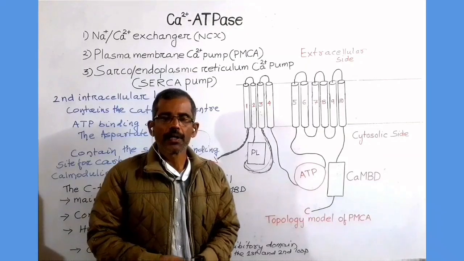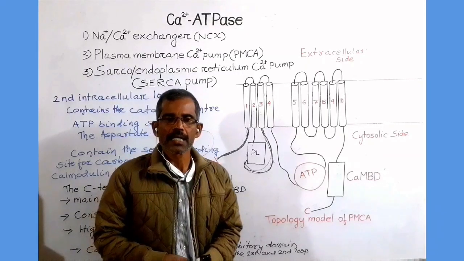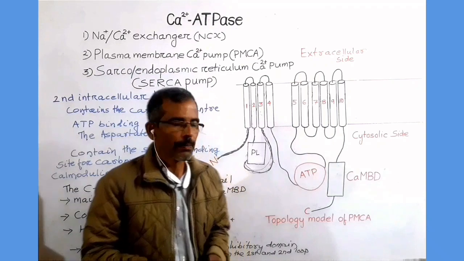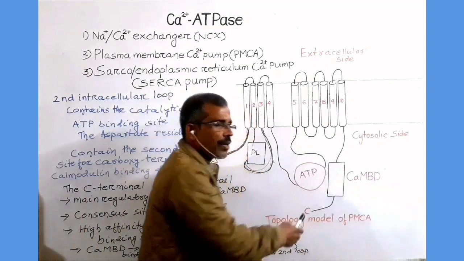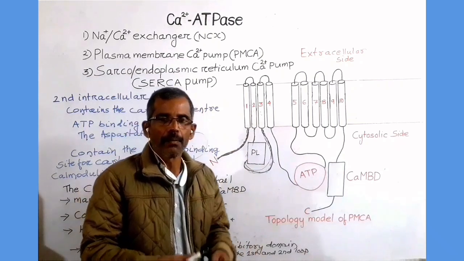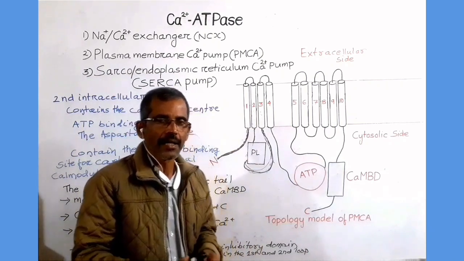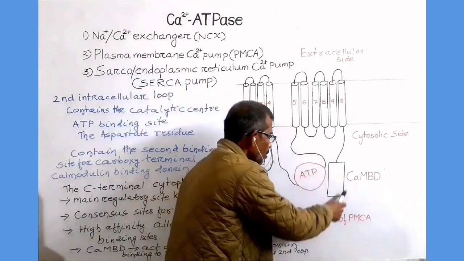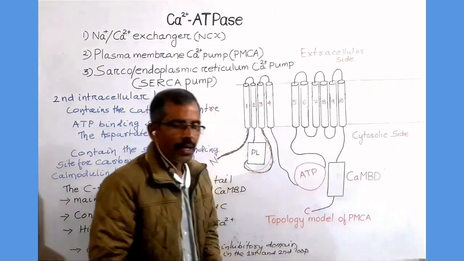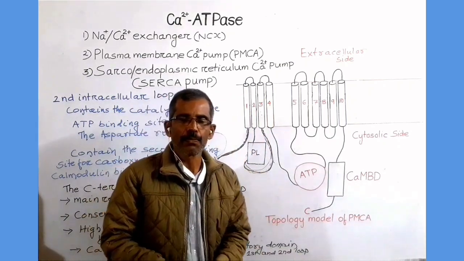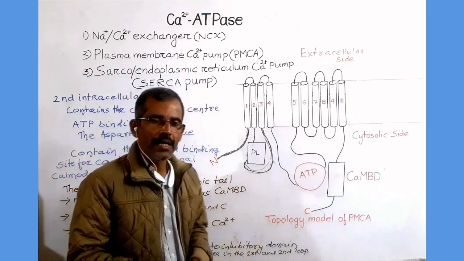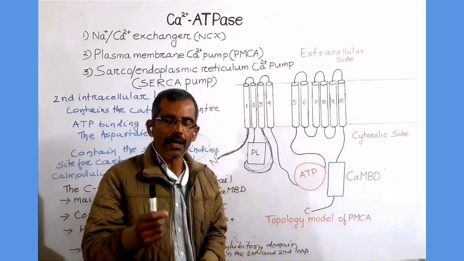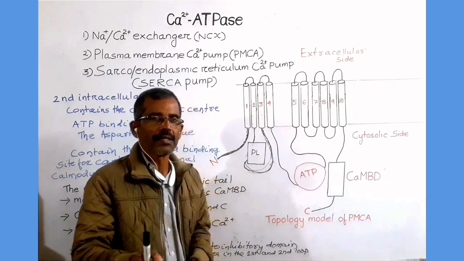The other important component of the plasma membrane calcium pump is the carboxyl terminal intracellular tail, which contains the main regulatory sites that include a calmodulin binding domain and consensus sites for protein kinase A and C. It also has a high affinity allosteric calcium binding site.